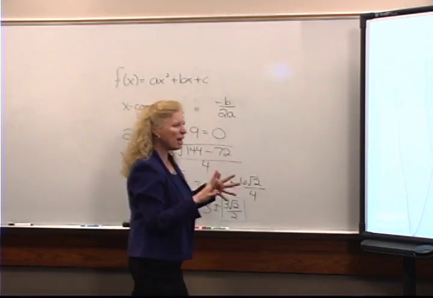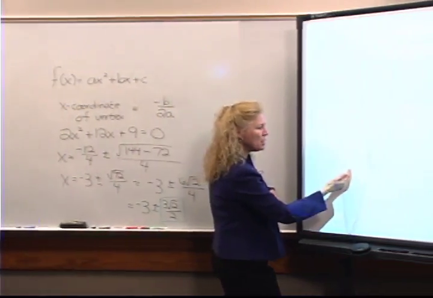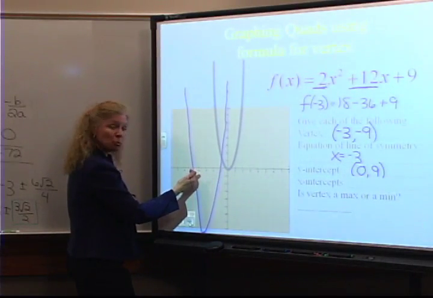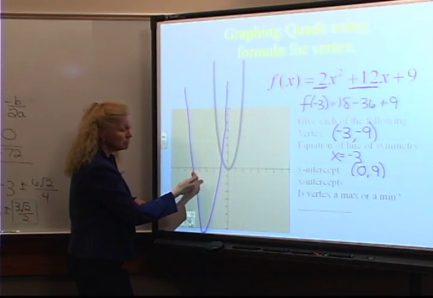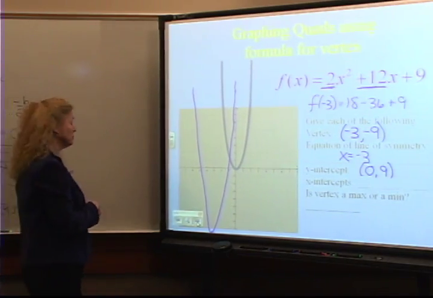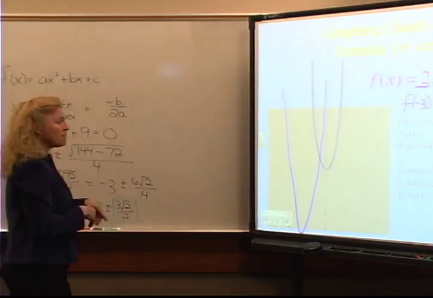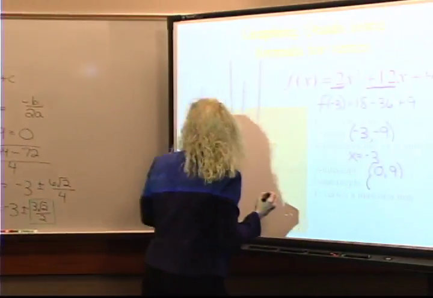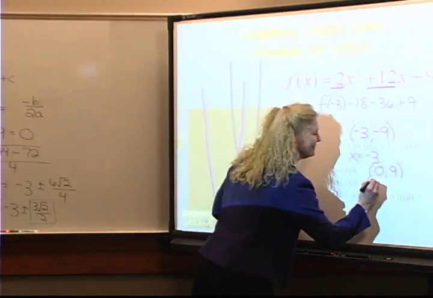So from here I go about 2.1 to the right, about 2.1 to the left. That's very, very acceptable, okay? So I have got 2 x-intercepts. They're not pretty, but that's okay. We're not here to judge.